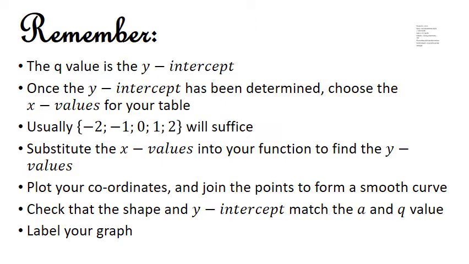So if the function reads y is equal to 3x squared plus 4, you need to make sure that your y-intercept cuts at positive 4. So when I say check your a and q, that they match up, that's just to double check that you have drawn it properly and that you haven't made any mistakes.